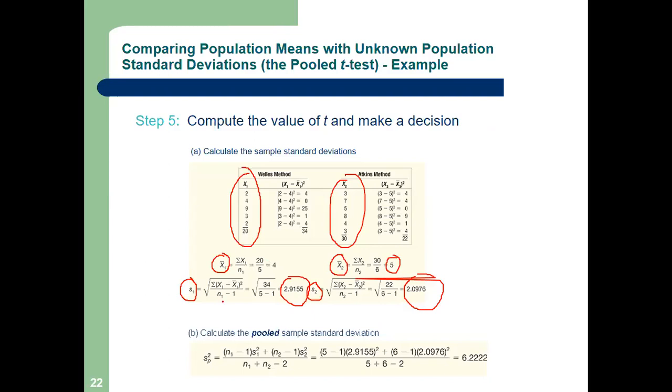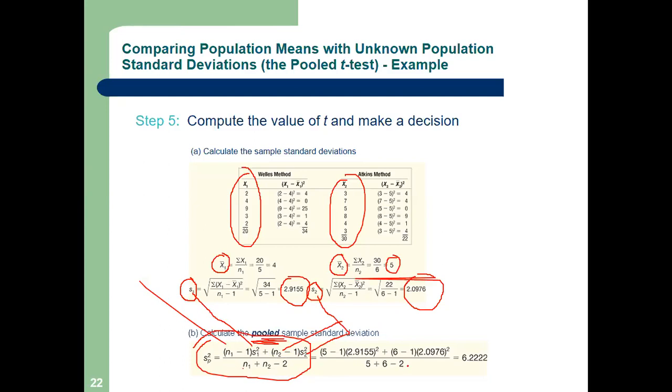Step 2, calculate the pooled sample standard deviation. See the word pooled. What is our formula? I have given you the formula already, no need of writing. So we know N1, we know N2, we know S1, we know S2, and we know N1 plus N2 minus 2.